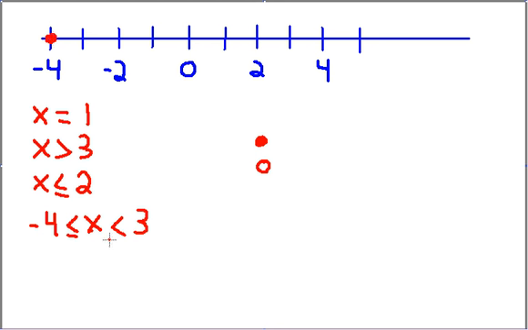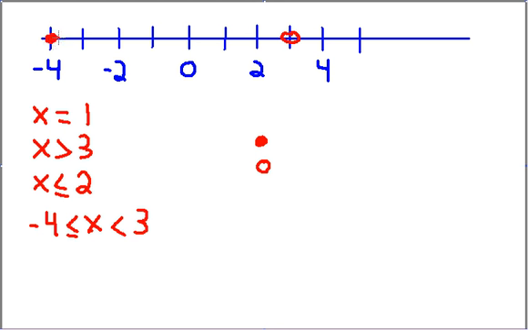Well, if I come down here to my number, x is going to be able to come all the way up to the number 3. But does it include the number 3? No, it doesn't. X has to be less than 3. Since it does not include the number 3, we use an open dot, an open circle. Since x can be not only greater than minus 4, but it can also equal minus 4, we use a closed dot there.